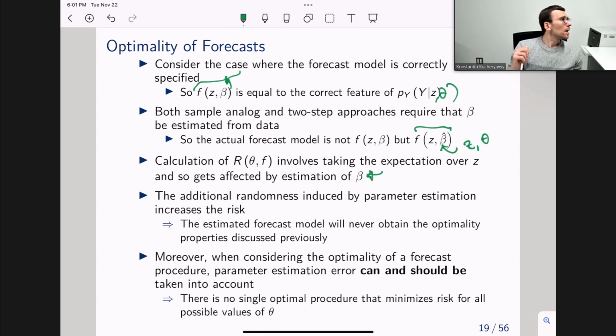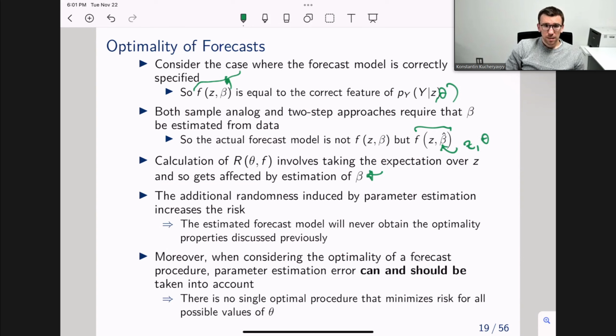It's not only that there are different estimates of beta, they induce their own estimation errors. And so even with different estimates of beta, we don't achieve the optimal minimum value of the risk because of the errors in the estimates of beta.